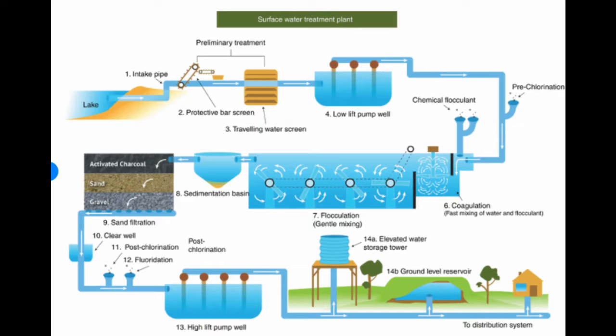So at the start of treatment, we have preliminary treatment, which removes large particles, such as tree branches, or via grit removal, sand is removed so it doesn't clog up machinery. We then have flocculation and coagulation, which help remove smaller particles that are suspended. These suspended particles are forced out via chemicals, which allow them to then settle in the sedimentation basin and turn into sediment.